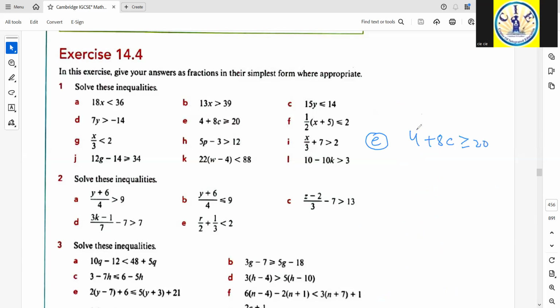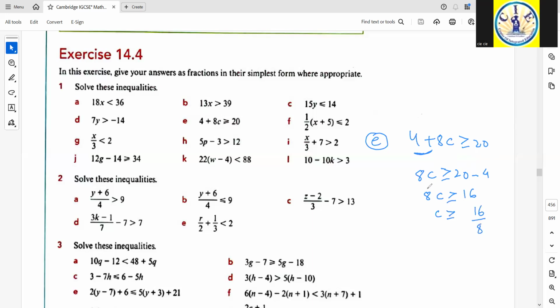First of all, we shift this 4 to the other side. That gives us 8C greater than or equal to 20 minus 4. Since this is being added, when it is shifted to the right side there will be a change in sign. So 8C is greater than or equal to 16, and C is greater than or equal to 16 divided by 8.